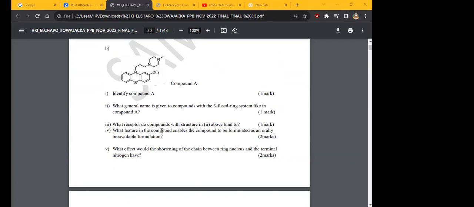Can you try to identify compound A? Any idea? You can even Google it, it's fine.